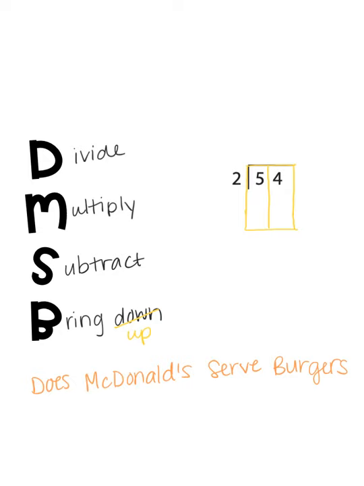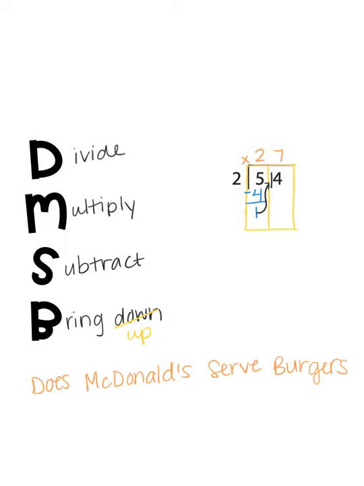So when I do 5 divided by 2, I'm still going to get 2. I still need to multiply, and I'm going to get 4, and subtract, but instead of bringing that number 4 down, I'm going to bring the 1 up. And now I have a 14 in the next box. So I know that 2 goes into the number 14 7 times.